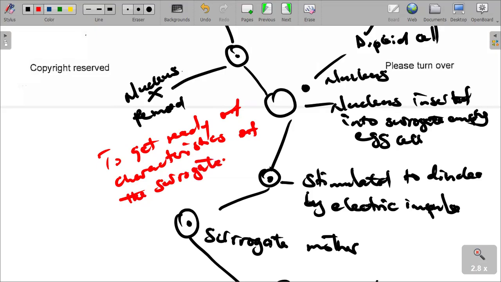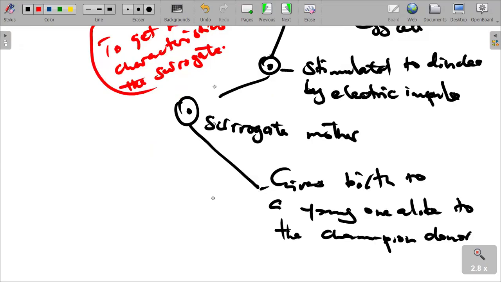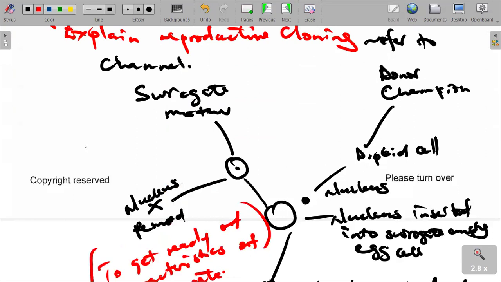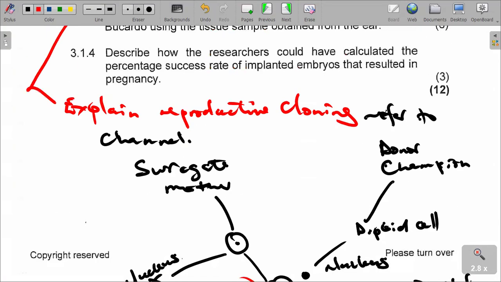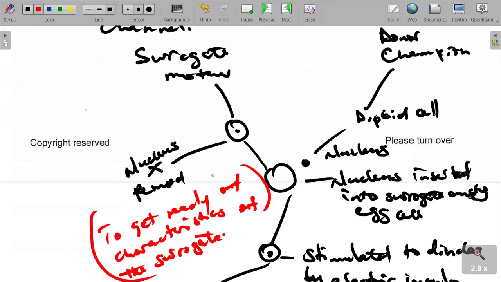That is what is happening in this case class. That is what you need to understand and take note of. So the young one is going to be exactly a replica of the champion, which you can see there.